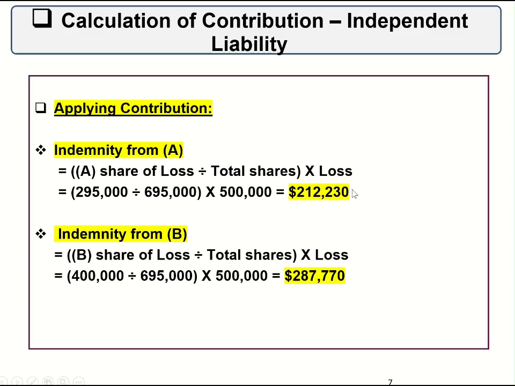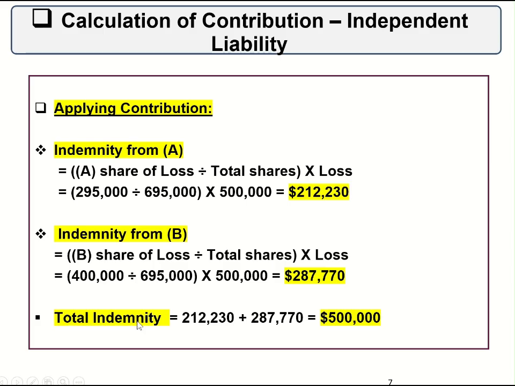Now, if you add the two indemnities after we make a proportion of the indemnity from A and the indemnity from B, the total indemnity will be indemnity from A plus indemnity from B, 287.77, which equals exactly 500,000, the same amount as the loss.